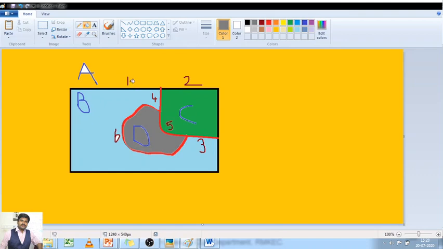In 1, as we are considering left and right, we have taken A and B. The top part is taken as A and the bottom part is taken as B, so A is left and B is right. Here we are considering a top to bottom situation. That's why for 3 I have considered top as C and bottom as B, so it is C to B and not in the reverse order. Compare 3 with 1 and you will understand. If 1 is A and B, then 3 is C and B.